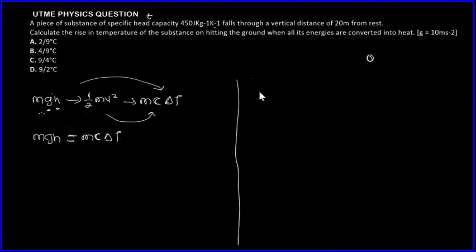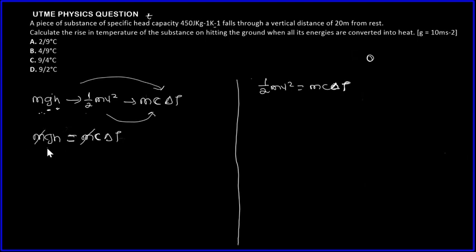We can also write half mv squared converted to this. It's just that you have to find velocity, and that will take time. So just do mgh equals mc change in temperature, and you get the same result. We'll solve both of them here. The mass of the substance was not given, so we just cancel it out.